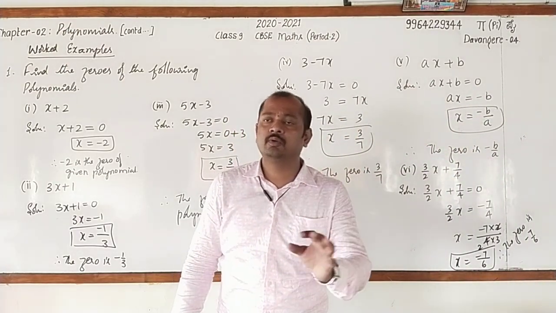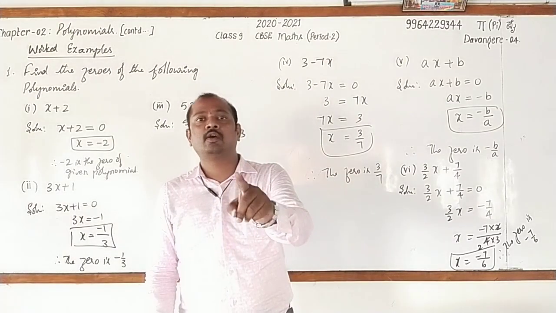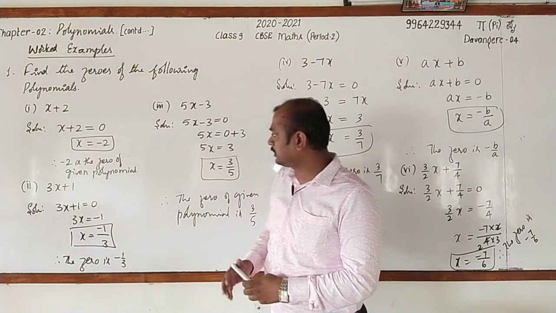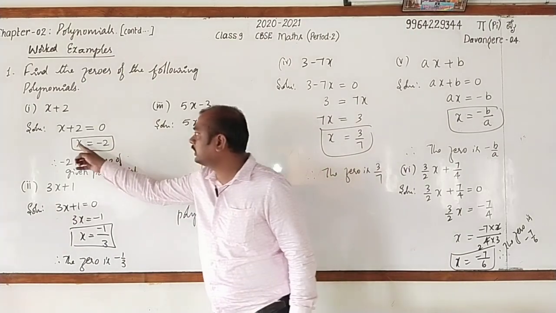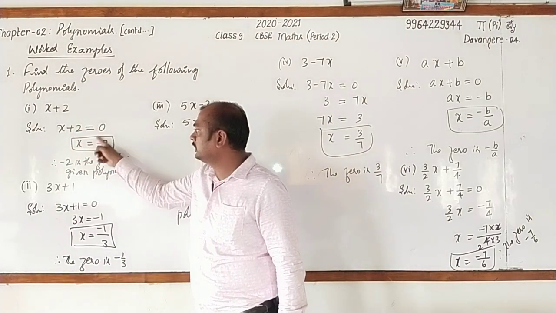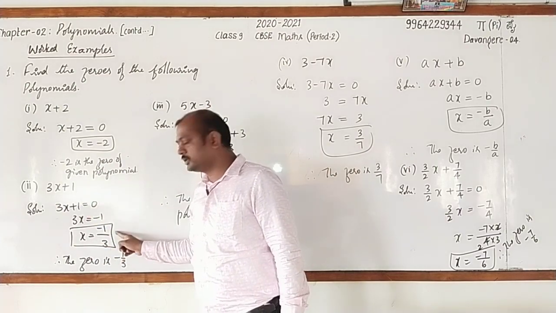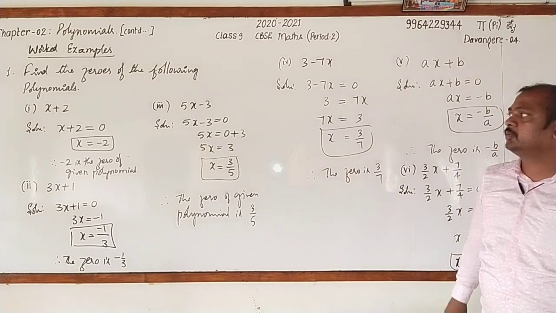Then what type of polynomials are these? They are all linear polynomials. Then observe how many zeros they have? Only one. Okay, first polynomial x plus 2 has only one zero, that is minus 2. Second, it has only one zero, minus 1 by 3. Like that. Clear?